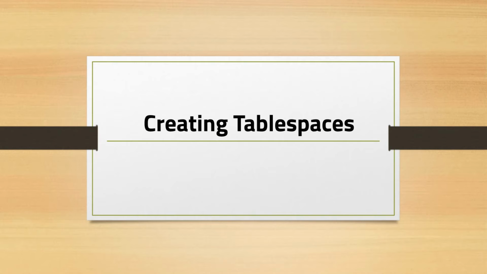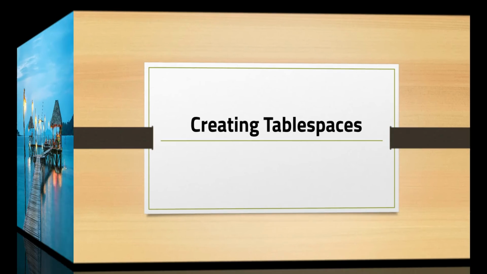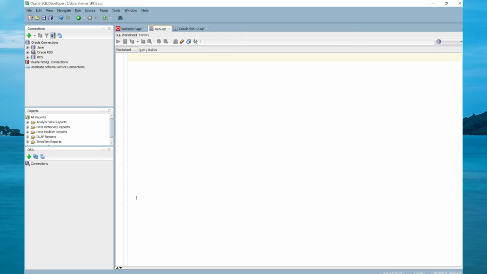So let's head over to SQL Developer and take a look at how we can create table spaces. Whenever you are creating a table space, you must be connected as the admin user or a user with similar privileges. So what we're going to do first is generate the script to create the table space using the graphical user interface. This makes it a lot easier for you.